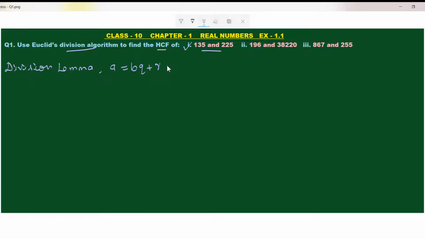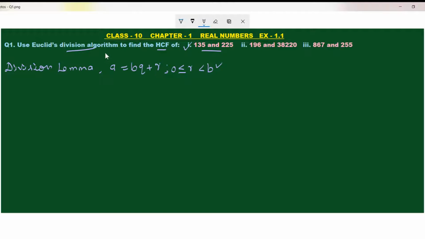Got it? Where r should be greater than or equal to 0 and lesser than b. If you have done any division work, you can check the remainder. It will always be lesser than the divisor and greater than or equal to 0. So this is the division lemma.